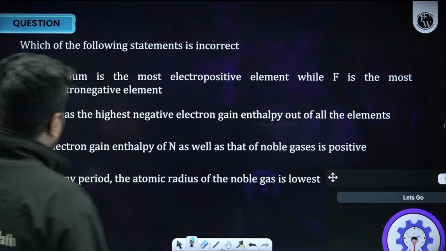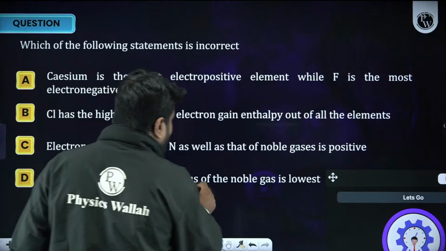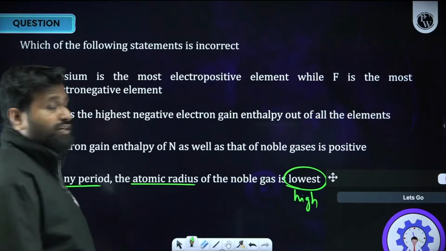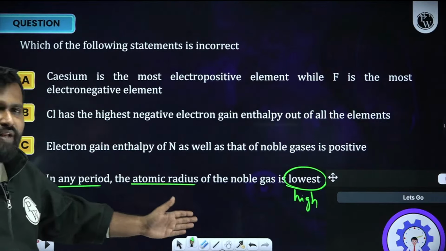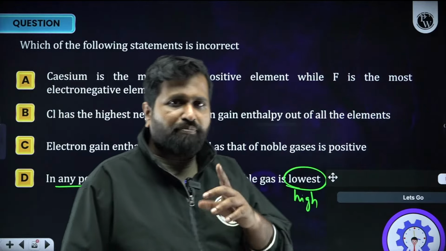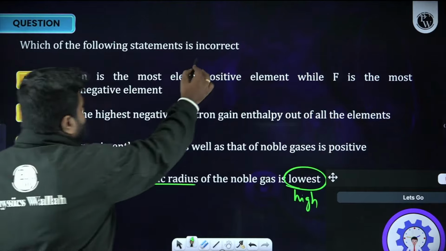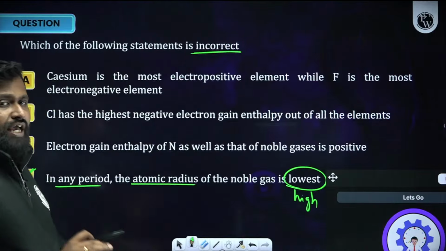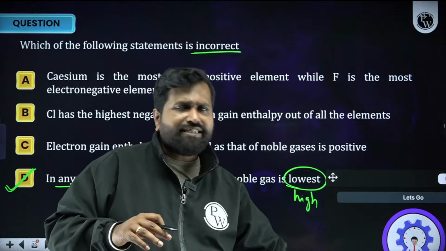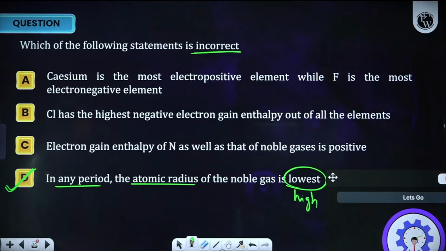Easily we can tell, because it is one of the important exceptions in any period. Which one will have greater atomic radius? Not only helium, the entire noble gas group will have higher atomic radius in their respective period. If you listened to my periodic properties lecture, I explained it in detail. So remember, it is an exception. Incorrect is option D. At least from now onwards, remember, in a respective period, the inert gases will always have greater size.